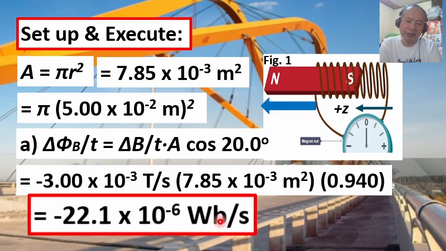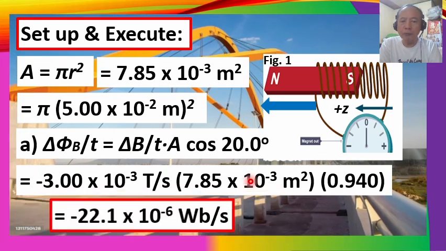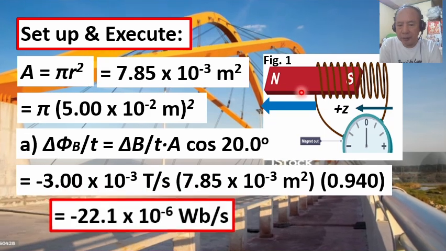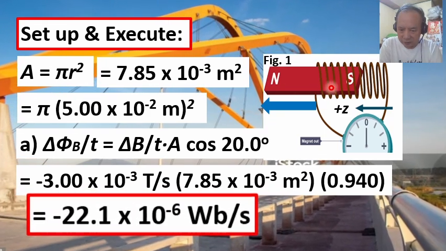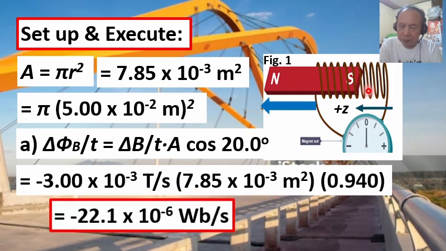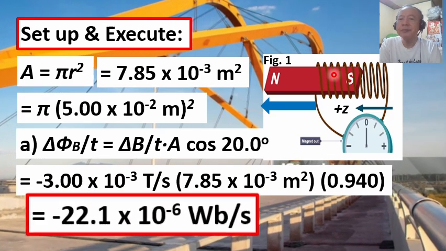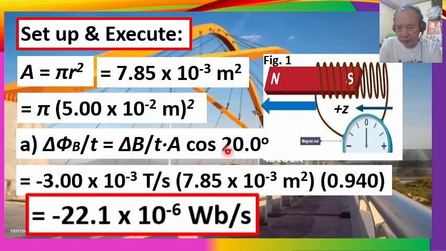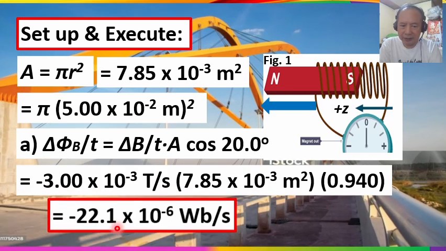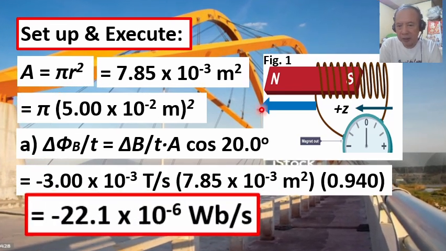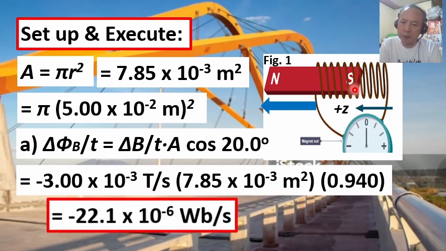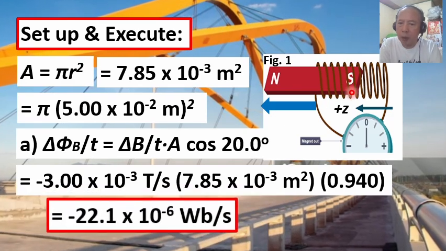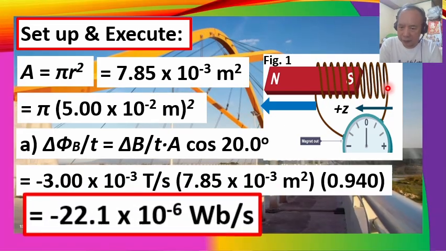So our answer here means that the time rate of change in the magnetic flux that is intercepted by the stationary coil is decreasing, hence the negative sign, because as we emphasized several times, the bar magnet is being moved away from the stationary coil.